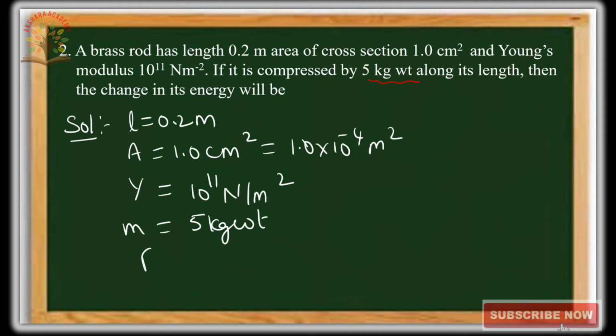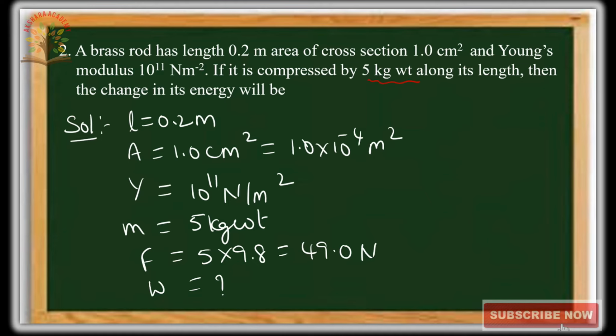Converting into newtons, F is equal to 5 into 9.8, that is equal to 49.0 Newton. So now the work done, change in energy, W is equal to question mark.